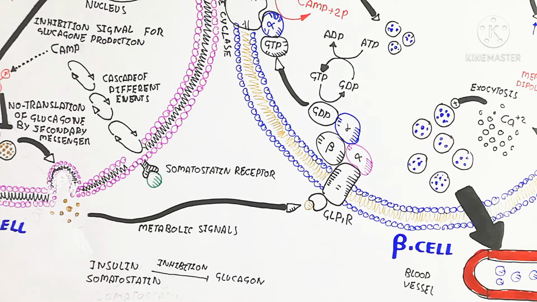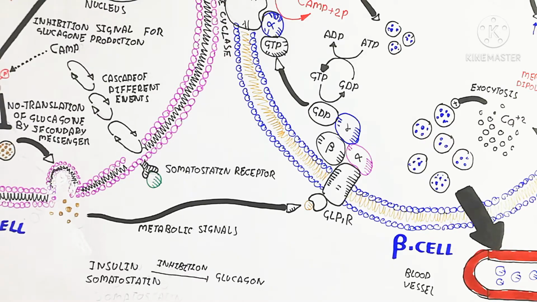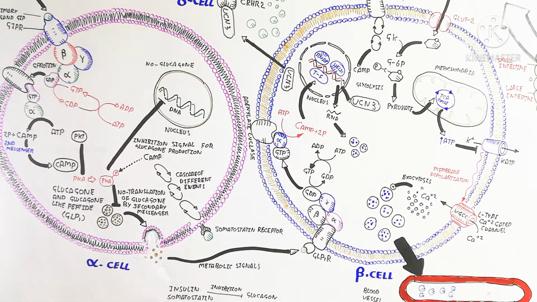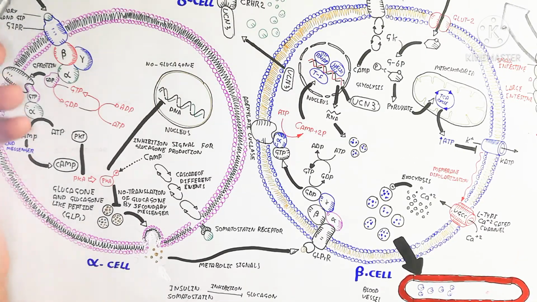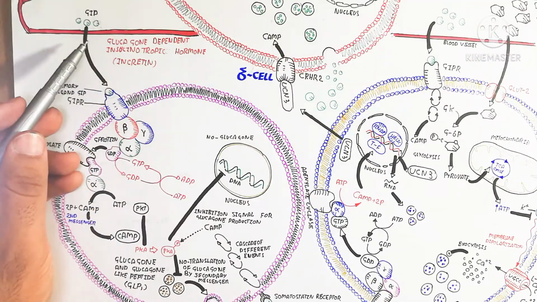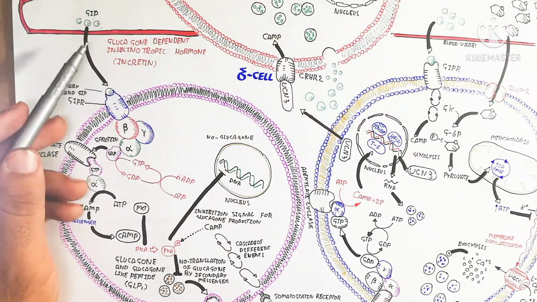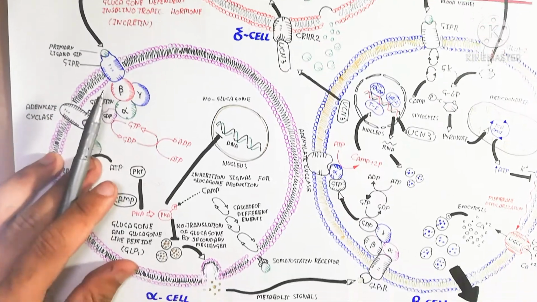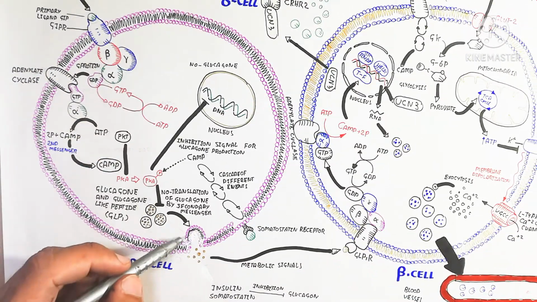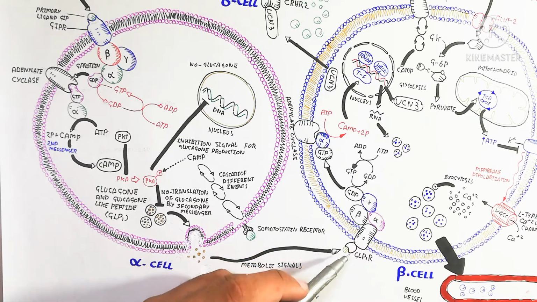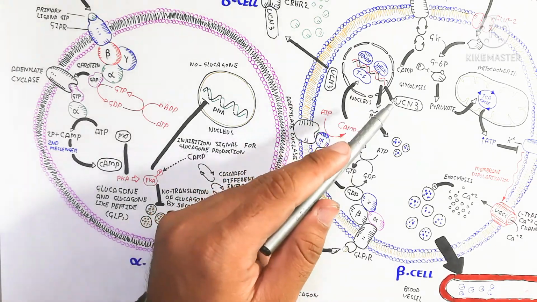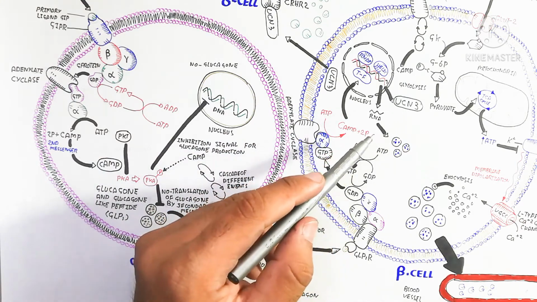Insulin is used for muscle growth and lipogenesis, and it attaches to the liver to facilitate sugar moving inside, while UCN3 also stimulates somatostatin from the delta cell of the pancreas. So here is a cascade of different events triggered by the first ligand and the second messenger.